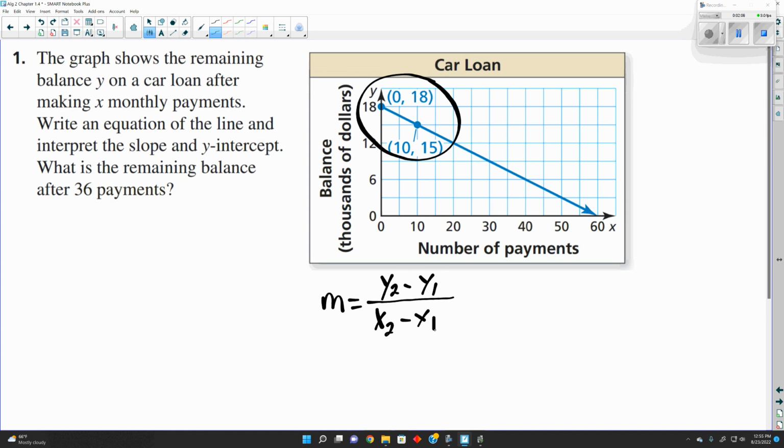If you decide to take calculus or above, they'll call it delta y over delta x, which is just saying delta is just change, so the change in y over the change in x. So that's all it's talking about here.